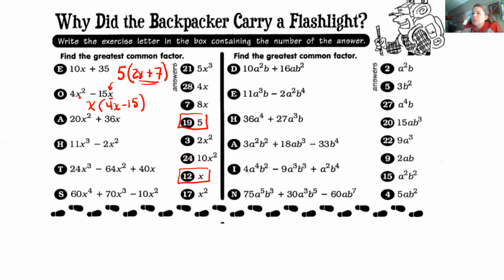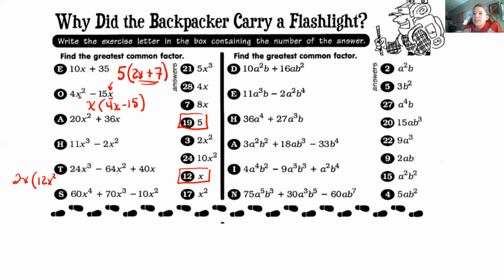All right, so let me find a good one. Let me look at letter T. So what if I say, okay, well, I know I can divide all of these numbers by 2 and x. So that's what I'm going to do. I'm going to pull out a 2x. So 24x to the third divided by 2x is 12x squared.